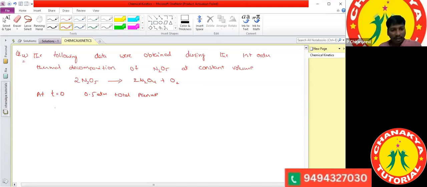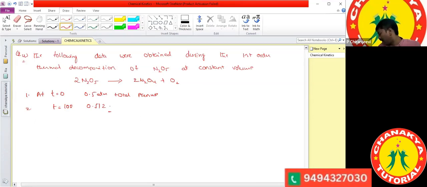And the second condition, at t equal to 100, the total pressure is 0.512. It is the first experiment, and it is the second experiment. So this is the data they had given.